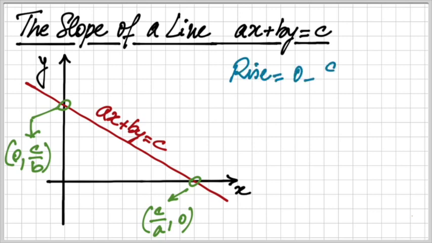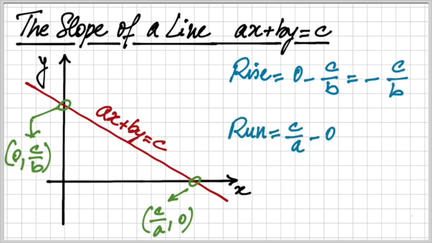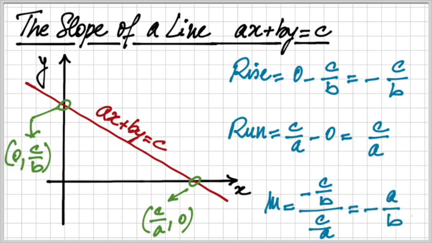And we can now say that the rise is 0 minus c divided by b, which is equal to minus c over b. And the run is c divided by a minus 0, which is c divided by a. And finally, we can say that the slope is minus c divided by b divided by c divided by a. And when we simplify this, we find minus a divided by b.